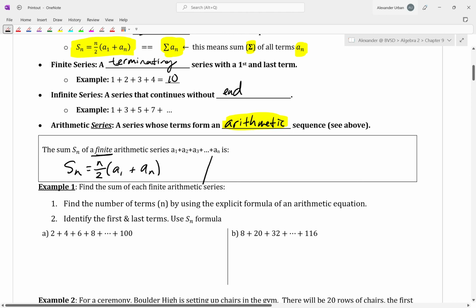But if I'm translating this, this means the sum of the finite sequence, or arithmetic series, is the number of terms divided by 2 times the first term in the series or sequence plus the last term.